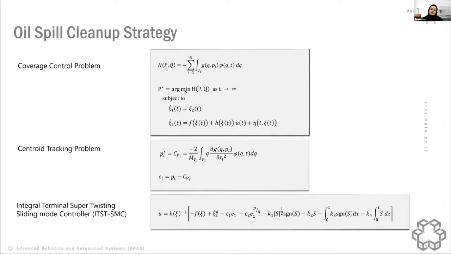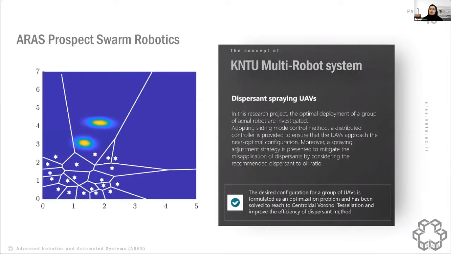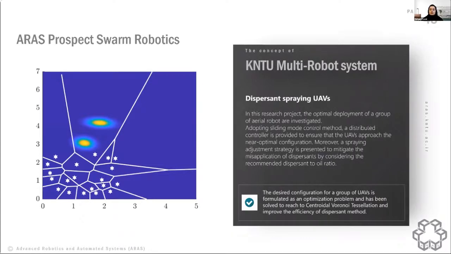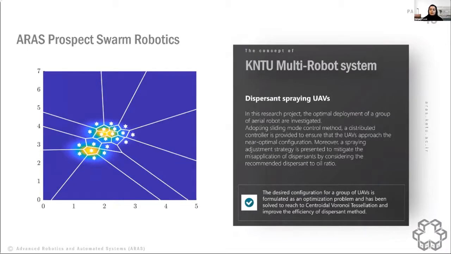Here you can see the result. Deployment of the UAVs at different time instances is shown from the top view. Each UAV is indicated by a star, and the white lines denote the Voronoi cells.